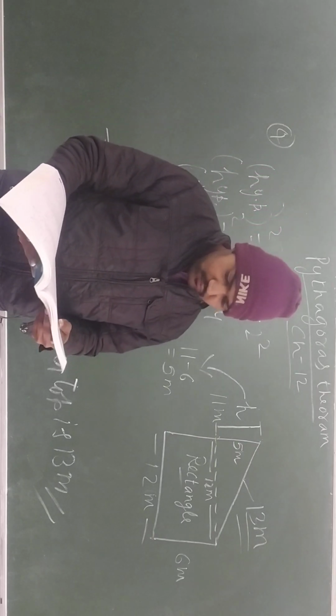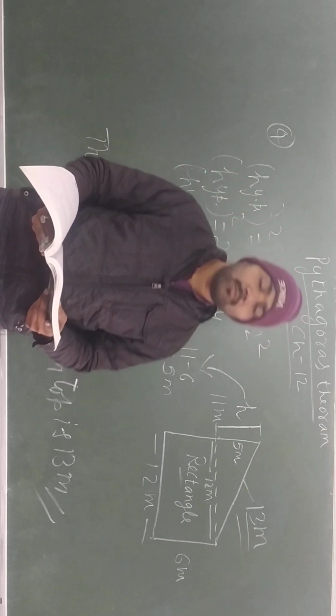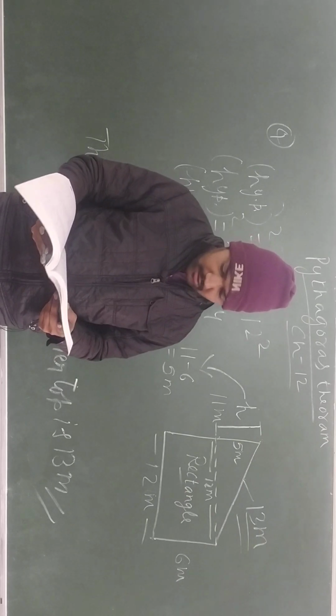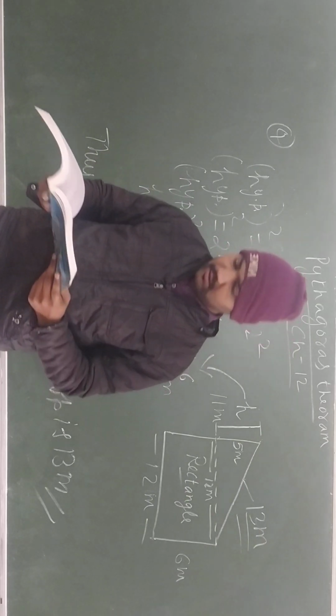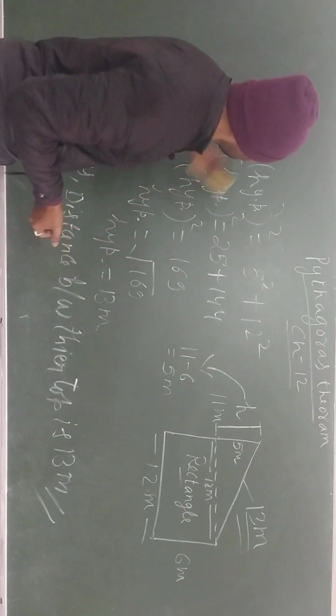Now see, we will try to do some other questions. All these questions you can solve on your own also. Now see question number 8. How do we do question number 8?